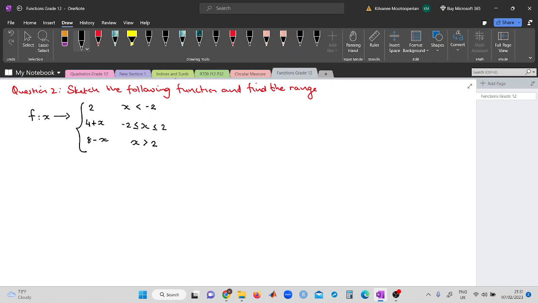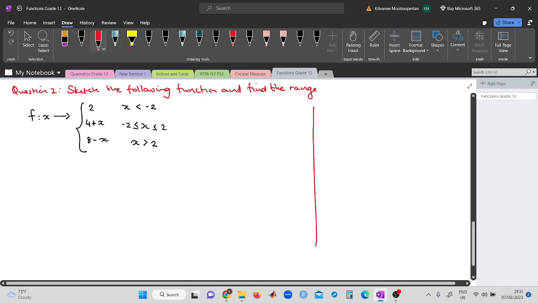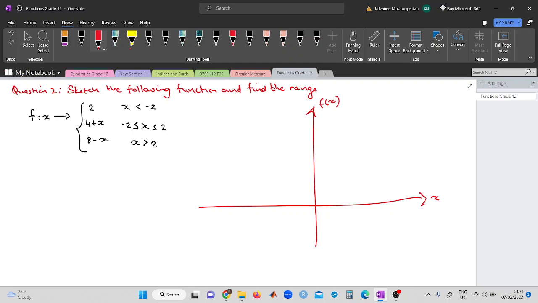Donc, quand il y a sketch, on va mettre un plot points. Okay, you can just do it without plotting. Pas besoin de mettre, bien sûr, vous devez faire the y and x axis. Mettre f of x. Mais ici, pas besoin de mettre minus 1, 0, etc. Uniquement vous allez mettre minus 2 là. Vous allez mettre 2 là. C'est important, bien sûr, nous mettons 0.